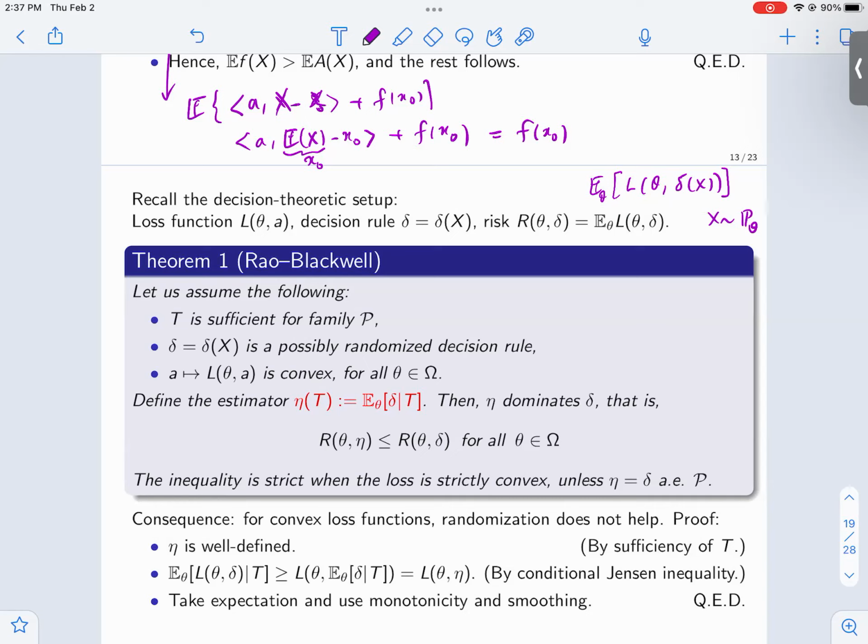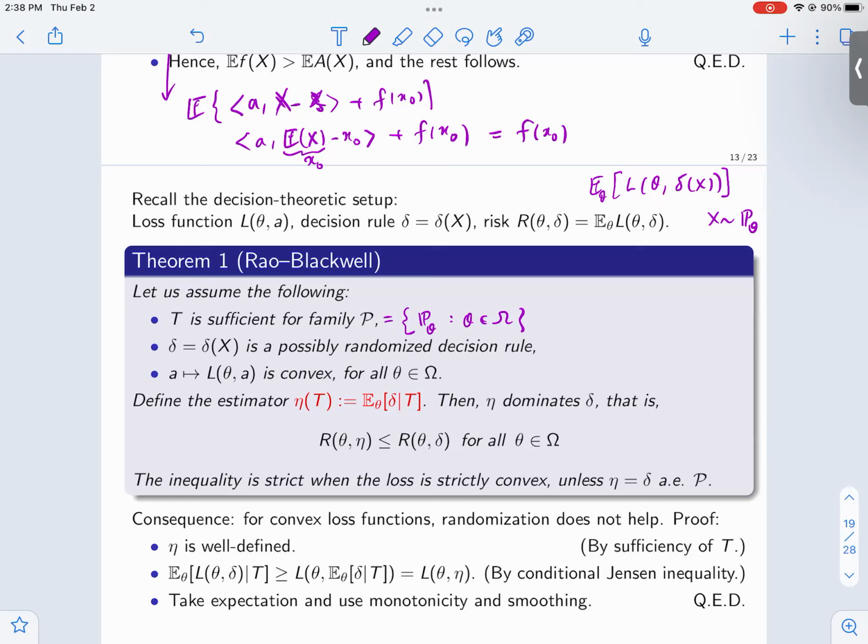Okay, so what is Rao-Blackwell? The theorem is a statement about a sufficient statistic. So not necessarily minimal, not necessarily complete, just any sufficient statistic. So if you have a family and T is a statistic which is sufficient for the family, and delta of X is a possibly randomized decision rule.